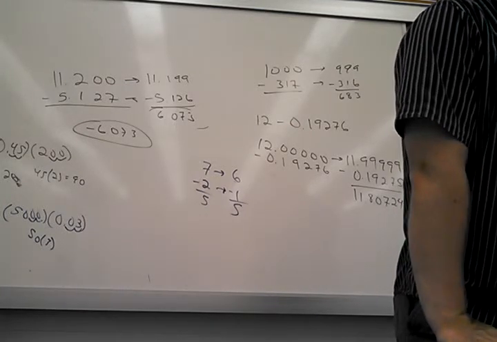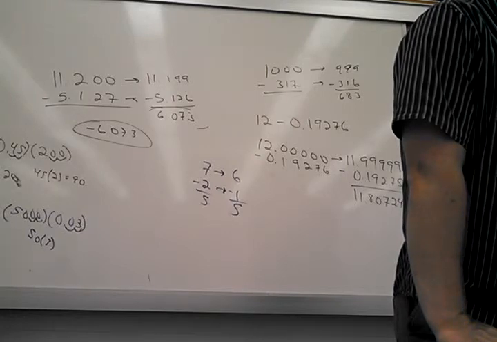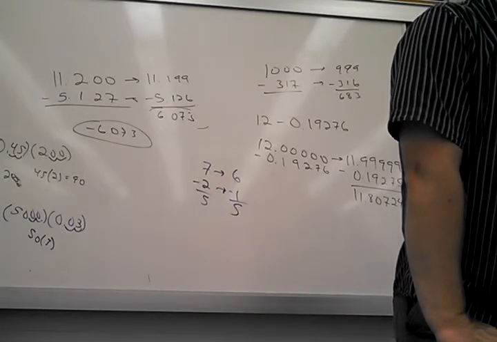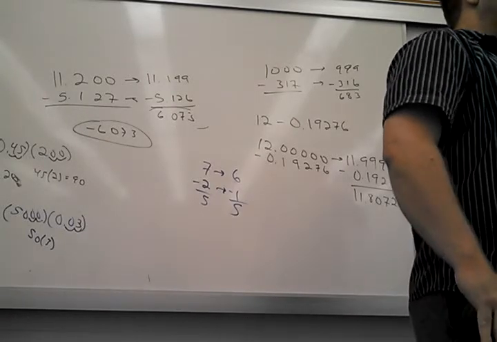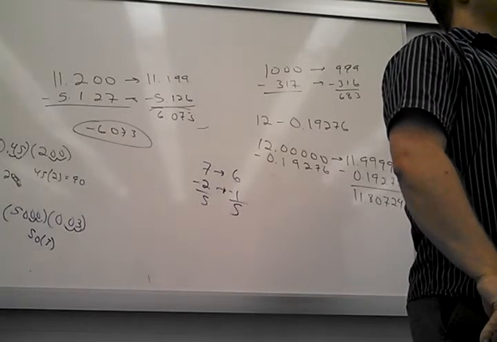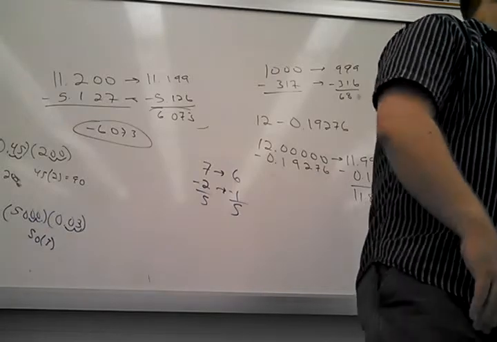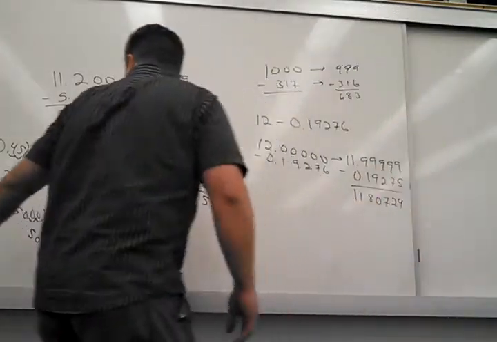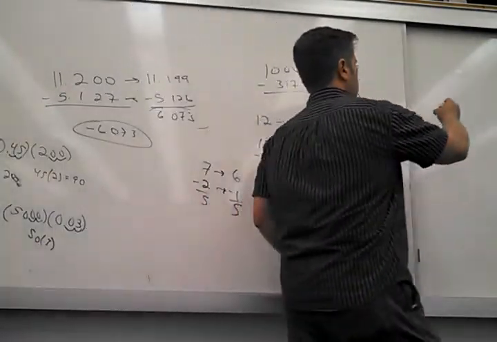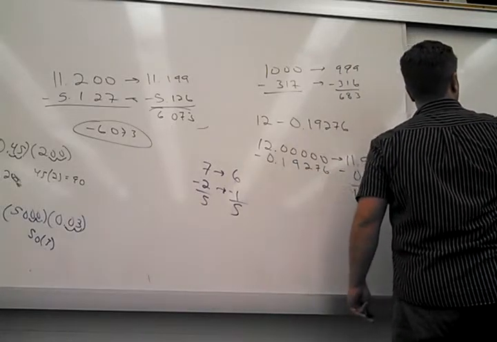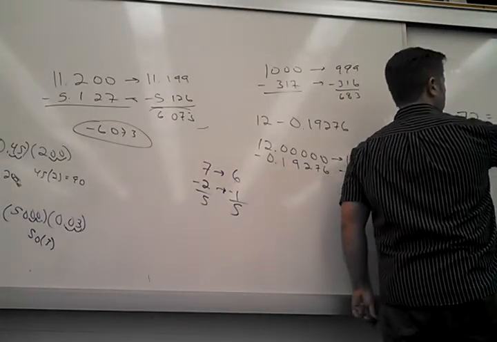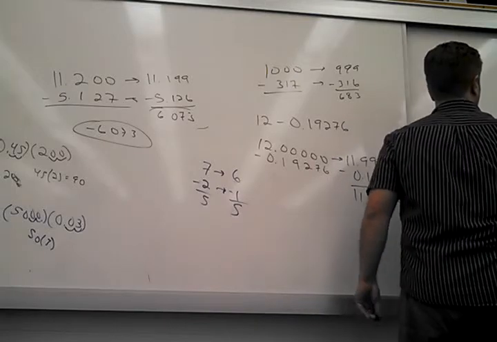And then just solve for X. So since it's X times 180, what would you do to get rid of the 180? How do you undo multiplication? Divide. Yeah, you've got to divide.